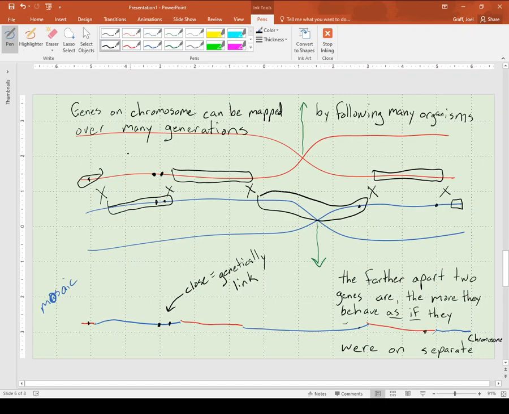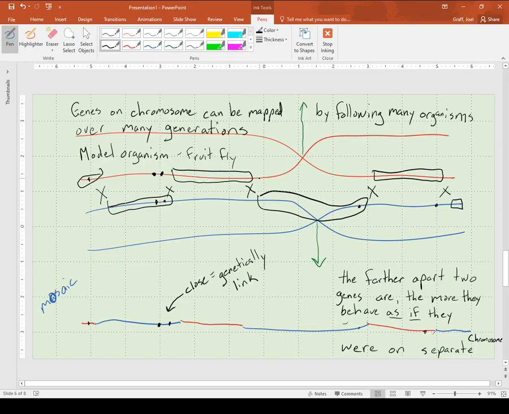But if you have something called a model organism, something that you can raise in the lab, maybe a fruit fly, you could raise thousands upon thousands of fruit flies in a single lab at a given time, and they go through generation after generation every few weeks. And so then you could get to the point of understanding where genes are along a chromosome.